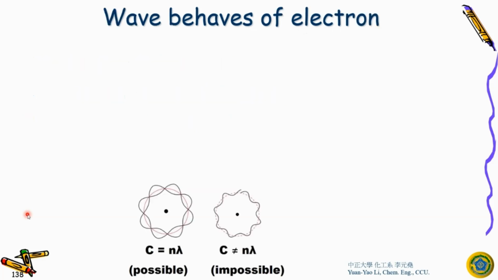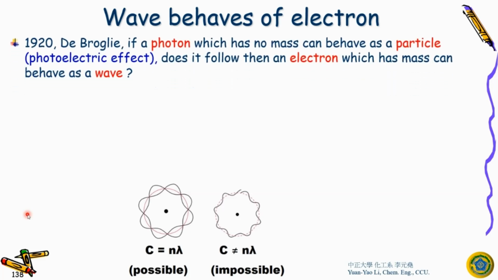Very good, wonderful. Okay, so let's think of the wave behaviors of electron. De Broglie is saying that a photon, which has no mass, or is very, very little, can behave as a particle. When we think of a particle, the particle always has a mass. And we found out by the photoelectric effect that photon can be a particle.